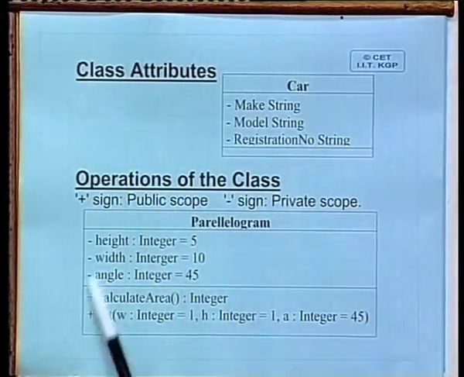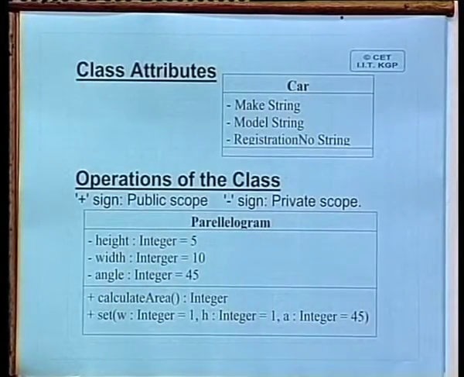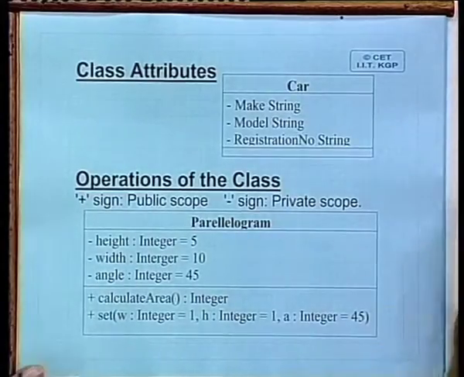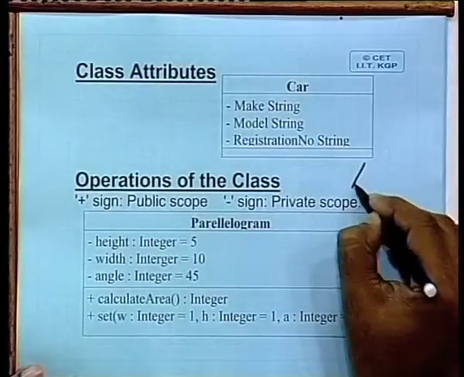So, this is another example, let us say a parallelogram. How to represent a parallelogram? A parallelogram has a height and width and an angle. Suppose this is a parallelogram.